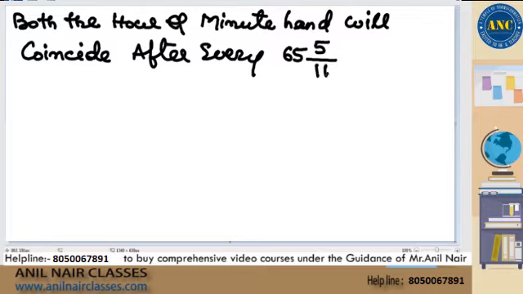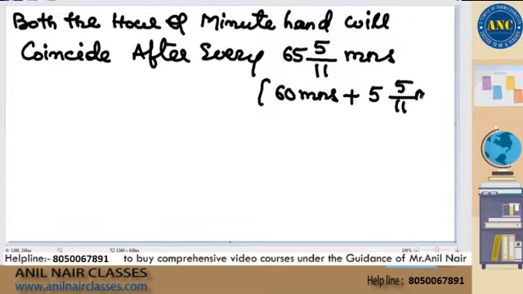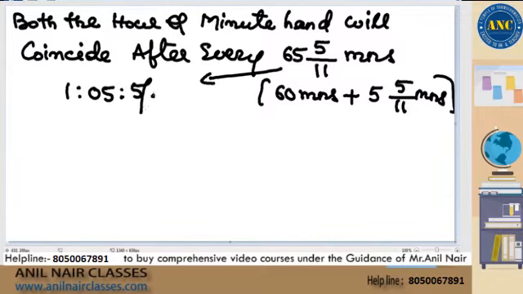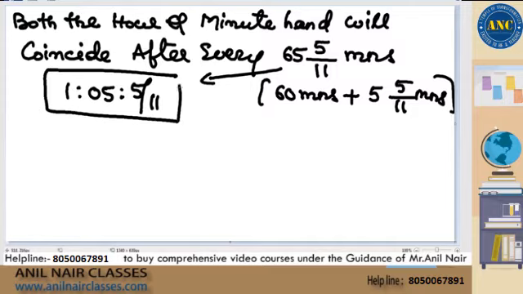So it is 60 minutes plus 5 by 11 minutes. 60 minutes is 1 hour. So they will coincide after every 1 hour 5 by 11 minutes. Very important concept. Hour hand and minute hand will coincide after every 1 hour 5 by 11 minutes.